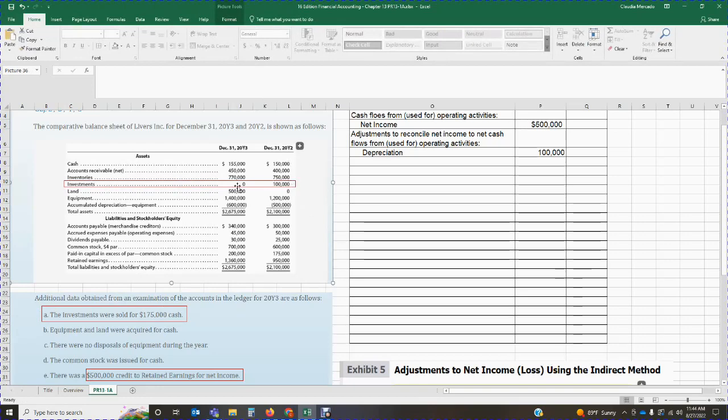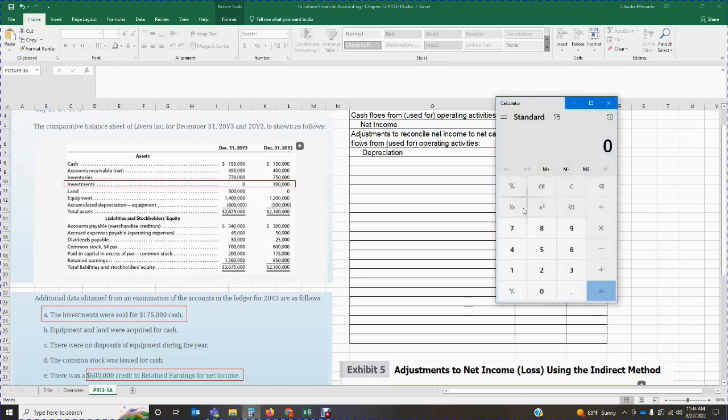This year I ended up with zero. So that means that I sold my investment. The investment was in my books for $100,000. I sold it for $175,000. So I sold it for more than what I had it in my books for. That means that I made a gain of $75,000.